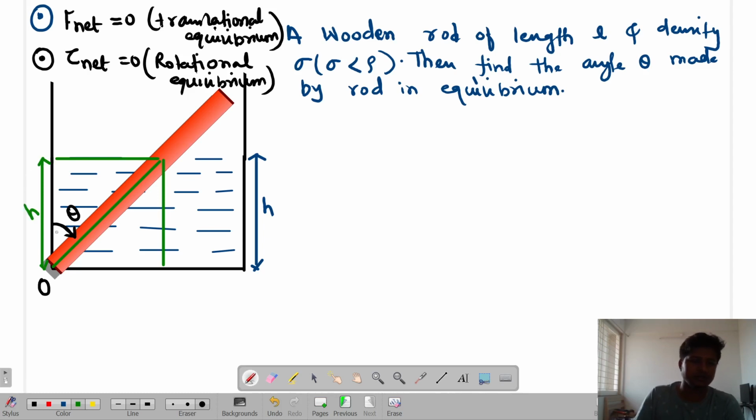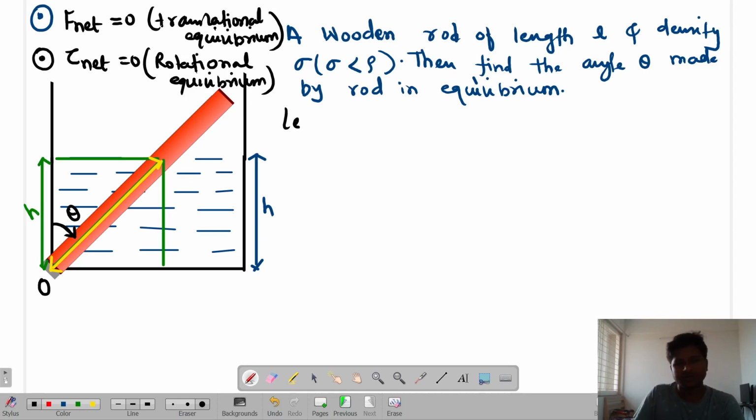Wait, from here to here, that is also height h only. So I want to find how much of the length of the rod is inside the liquid. If that is h, I can write cos theta is equal to the length which is present inside the liquid divided by h.